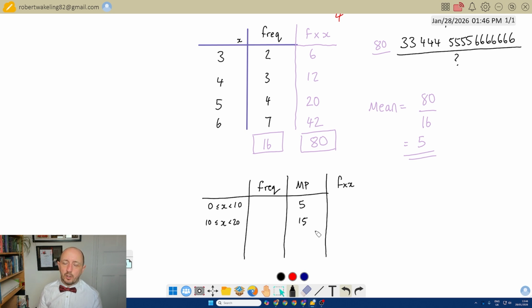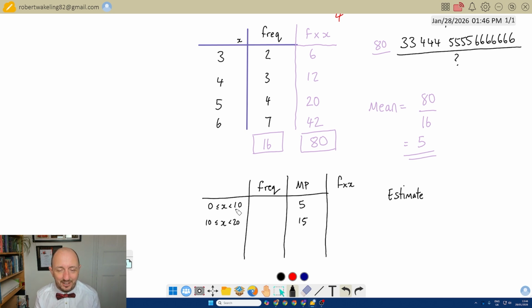So as soon as we go into the realms of a grouped frequency table like this, then our mean becomes an estimate, because we have no idea what's going on in this class. Does everyone have 1, 2, 3, 4, 5, 6, 7, 8, 9, 10 evenly spread, or is it 10, 10, 10, or 9, 9, 9, or 6, 6, 6, or whatever it is?